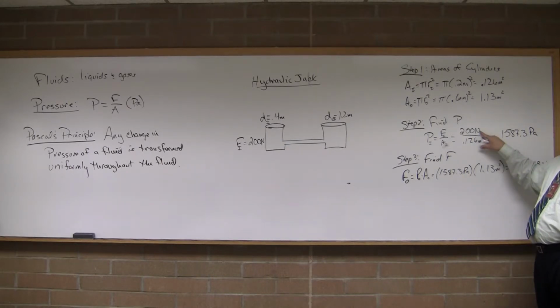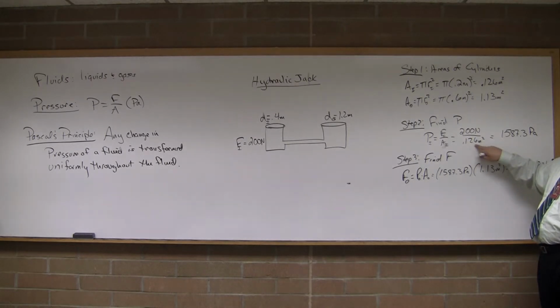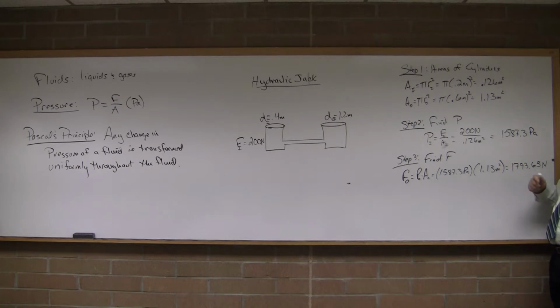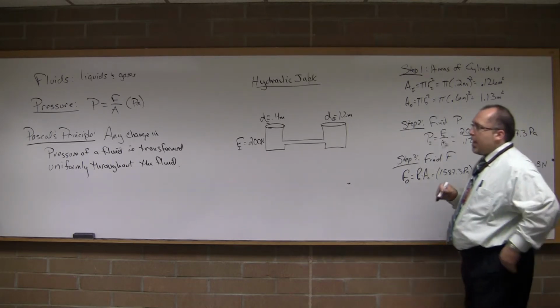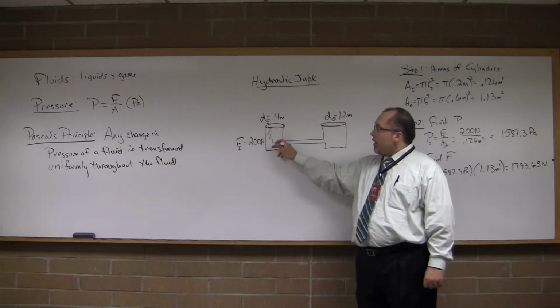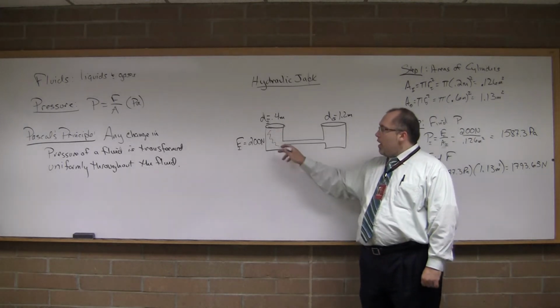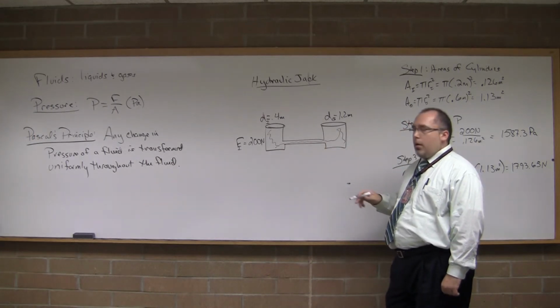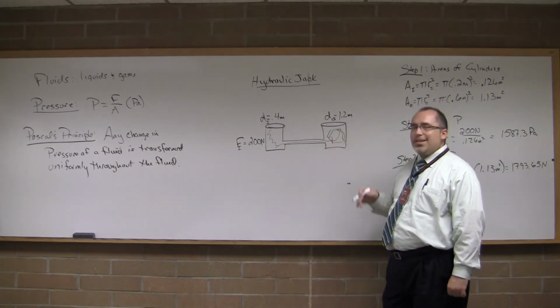So we have that 200 Newton input force, which is given, divided by the 0.126 square meter input area, which we calculated up here, and we get about 1,587 and change pascals. That is the pressure change that the fluid in the input cylinder is experiencing. But since that same fluid is connected via the hose to the output cylinder, the fluid in here is experiencing the same pressure change.